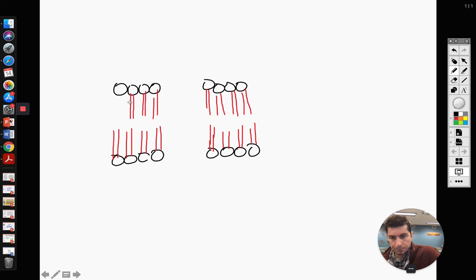Okay. Now let's draw our protein. This is what it would look like from the outside. If we want to pretty much do a cut in the middle of it to see what it would look like on the inside.